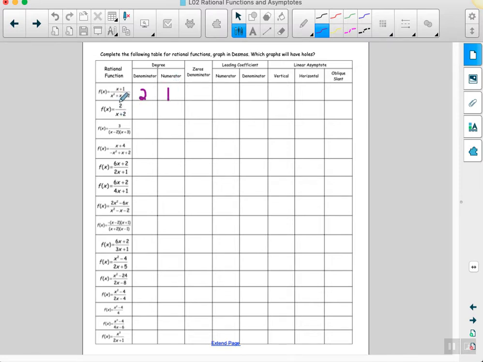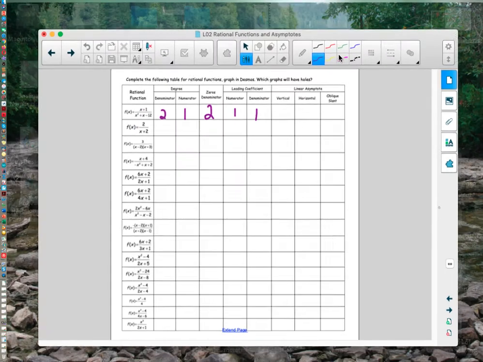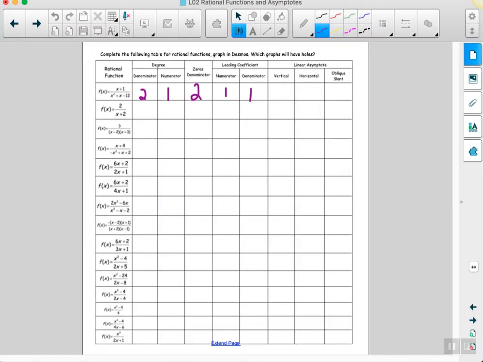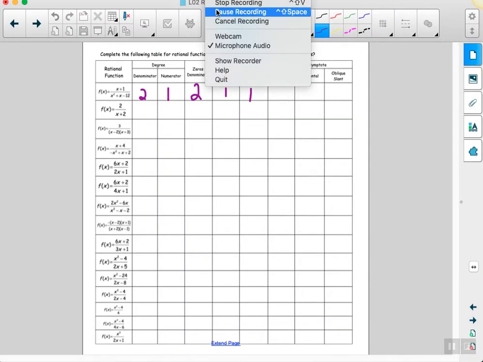How many zeros does the denominator have? Well, the denominator factors into x plus 4 times x minus 3. So it looks like it has 2 zeros. The leading coefficient of the numerator is positive 1. The leading coefficient of the denominator is positive 1. And now, I'm just going to pause for a sec because I want to open Desmos.